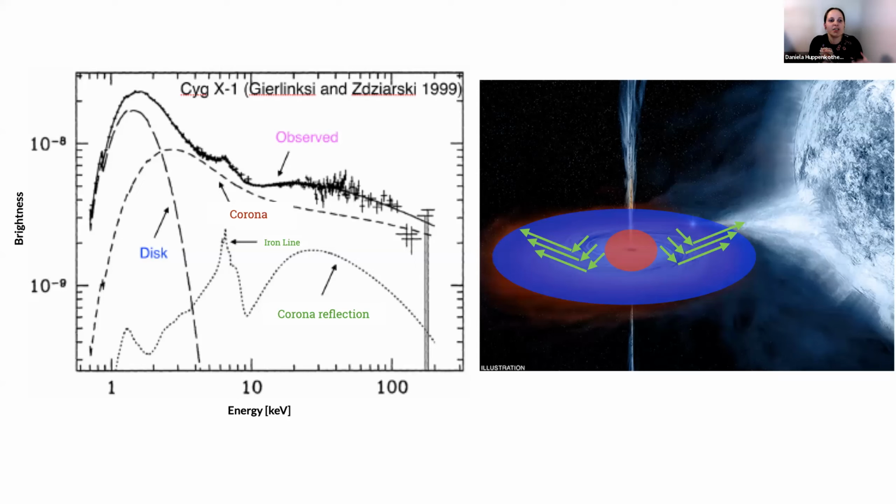And a particularly interesting feature in there that's going to come up later is this iron line, where you have fluorescent iron in this accretion disk that makes this emission. And so that's interesting. That already tells you something. All of these involve physical processes that generate light.